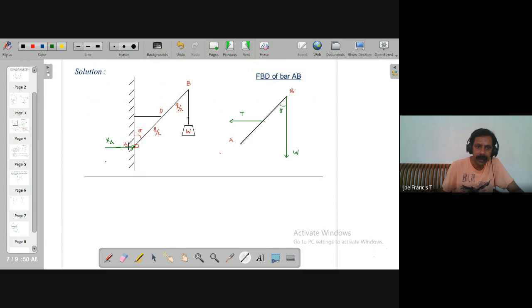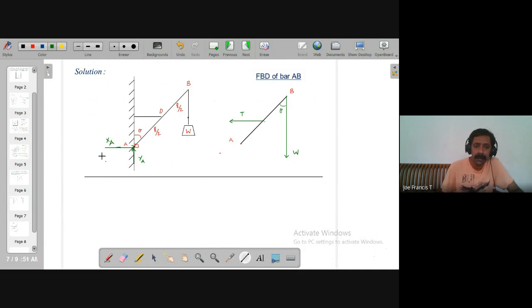And then you will have a reaction in the vertical direction, which is YA. So XA and YA reactions will be there.